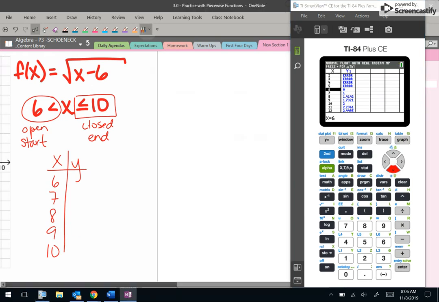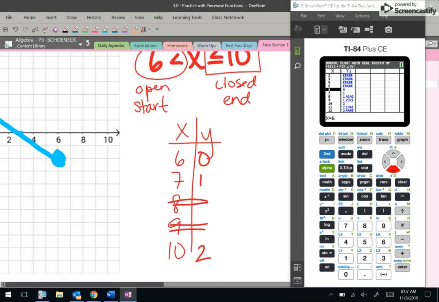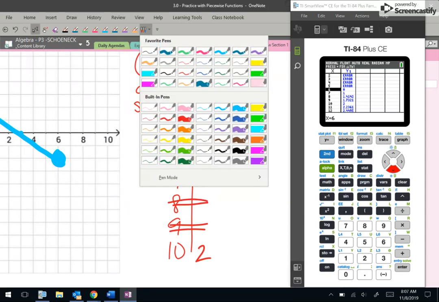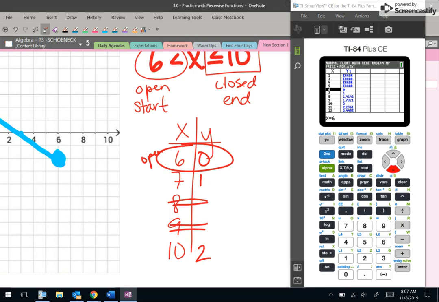Starting with 6, we've got 6, 0. We have 7, 1. 8 and 9 are kind of crazy decimals, so I'm not going to worry about those two. And then 10 is 2. Now let's graph that. I want to make a little note that 6, 0 is an open circle, and 10, 2 is a closed circle.